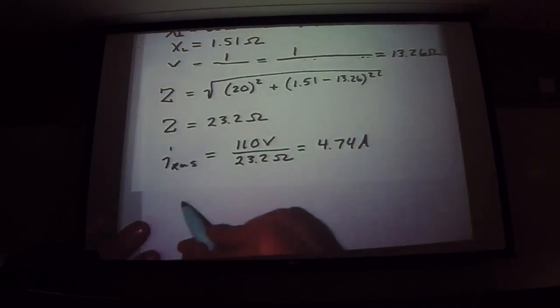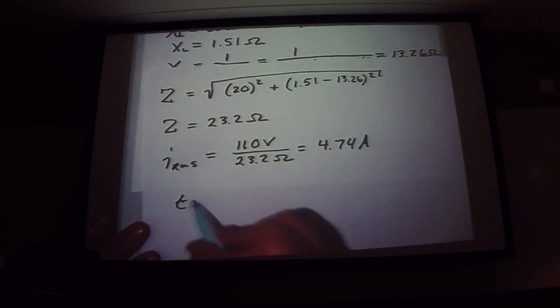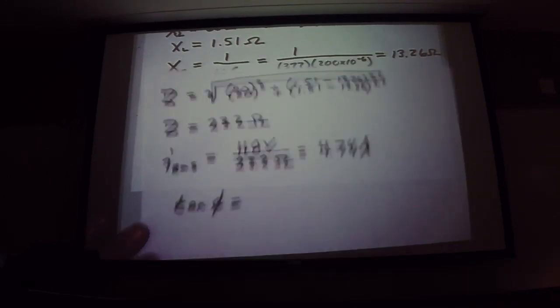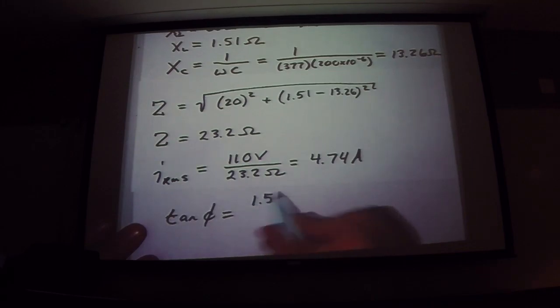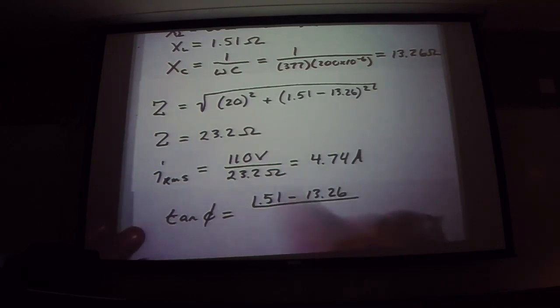And let's look at the phase angle. Tangent of phi is equal to XL, which is 1.51, minus X sub C, 13.26, divided by the resistance, which is 20.